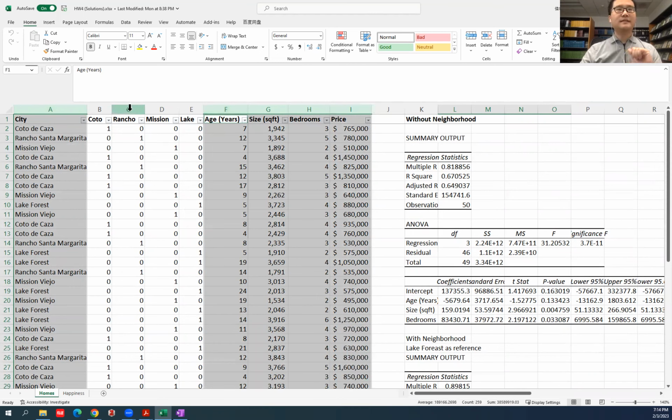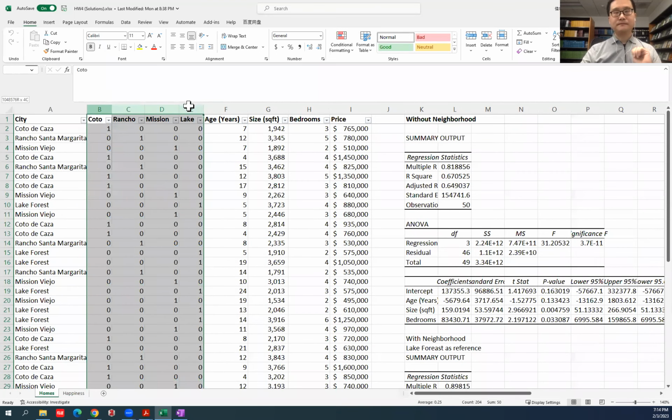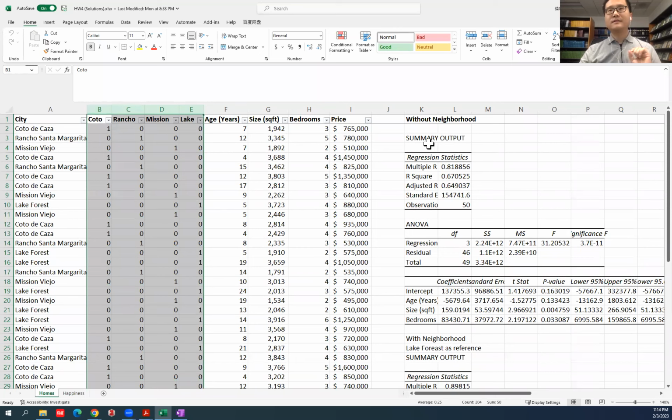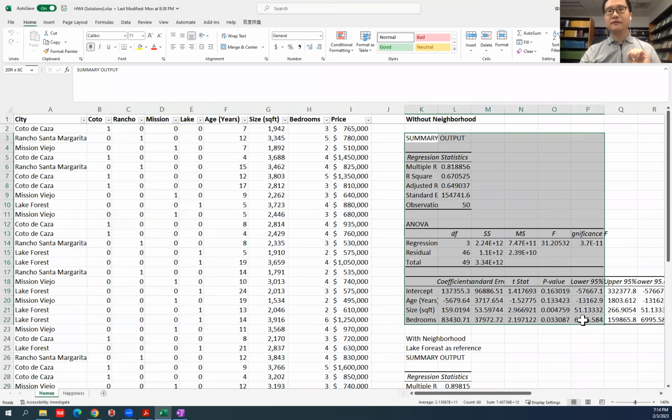However, I generated a few indicators for the city where a house is in. I will explain how I did that later. However, let's see what the model in problem 1, part A tells us. This is the result I generated for problem 1, part A, without neighborhood indicators.